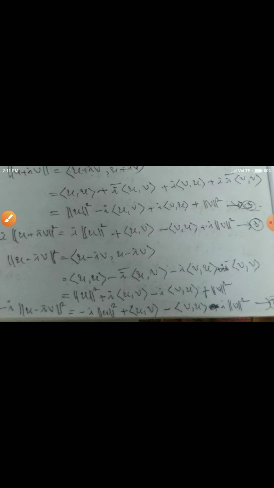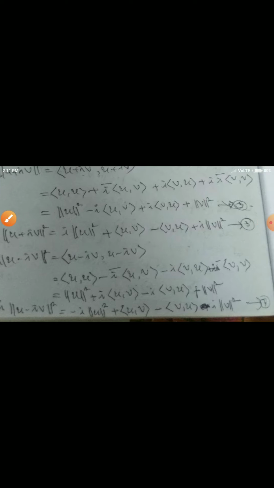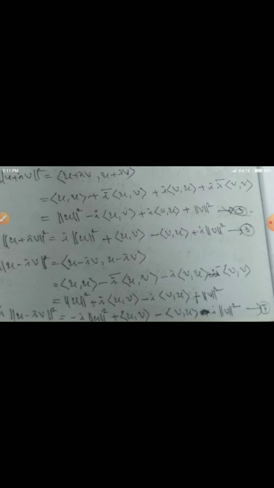That is nothing but norm u square plus i into, we get this. So multiply throughout by minus i, we get minus i times norm u square plus inner product uv minus inner product vu minus i into norm v square. I hope that is clear.